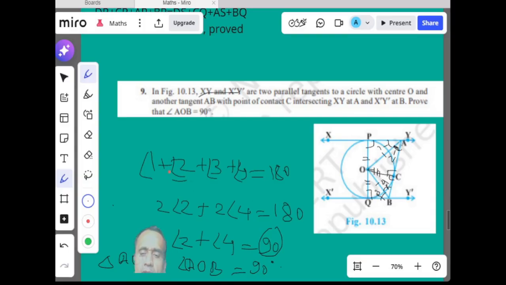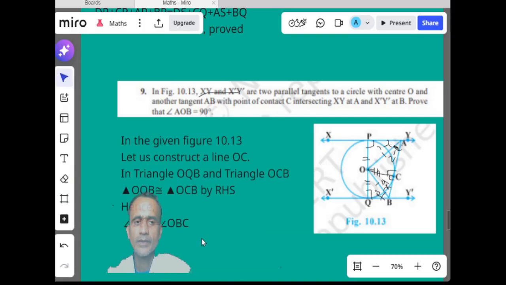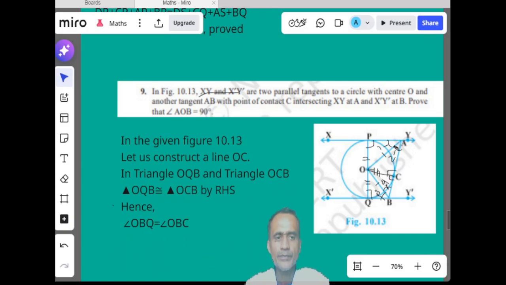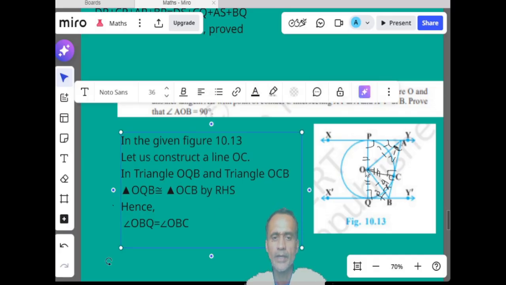Now what I have discussed, I will write systematically for the purpose of the exam. So I am writing the steps that we have discussed. In triangles OQB and OCB, these are congruent by RHS. Hence angle OBQ is equal to angle OBC.